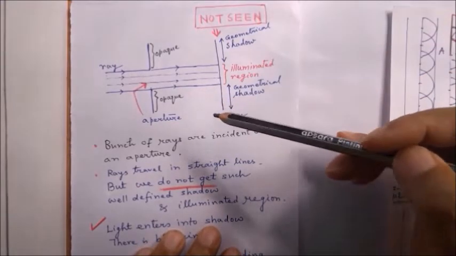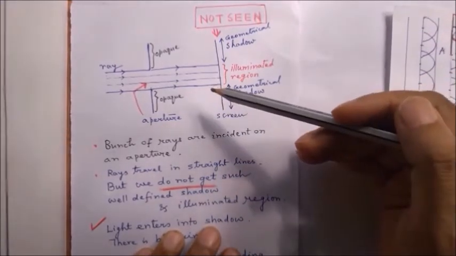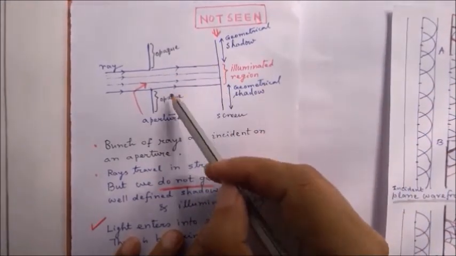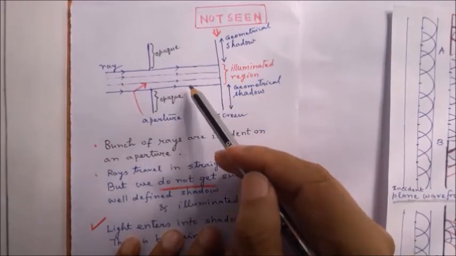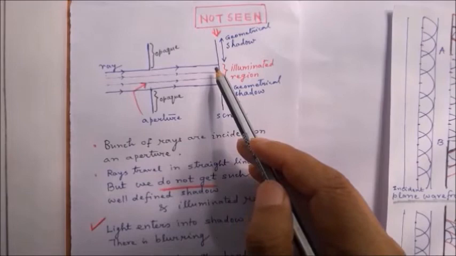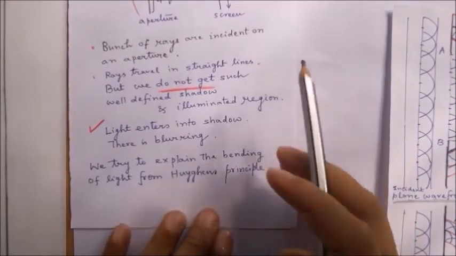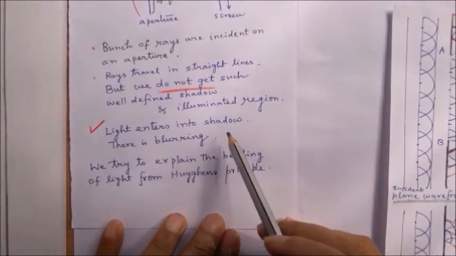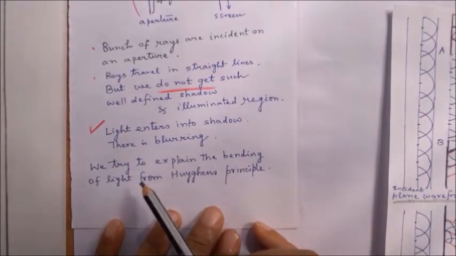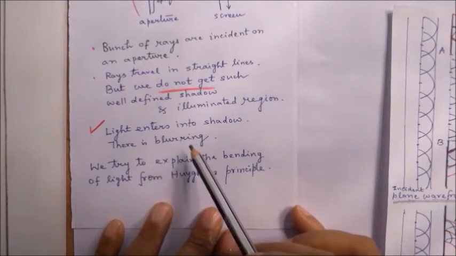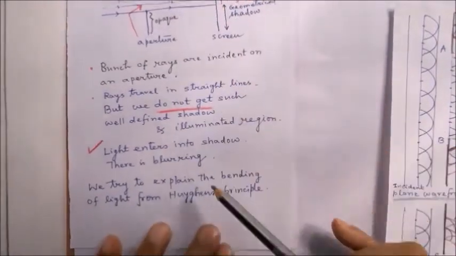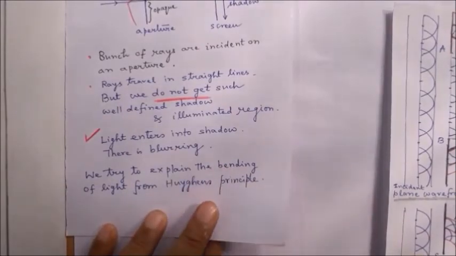But what is observed in an experiment is that light enters into this shadow. Now, the mechanism of this we are not able to explain with the help of this ray picture. Light enters into the shadow, there is blurring, and therefore we are trying to explain such blurring effect or such intrusion of light into the shadow region with the help of Huygens principle.